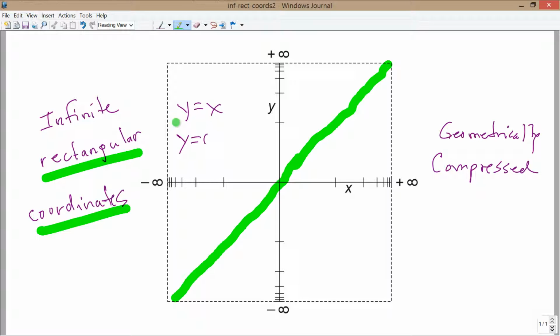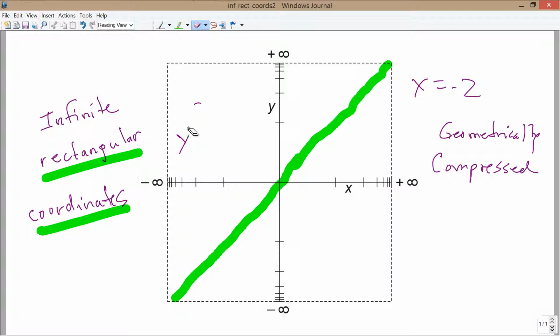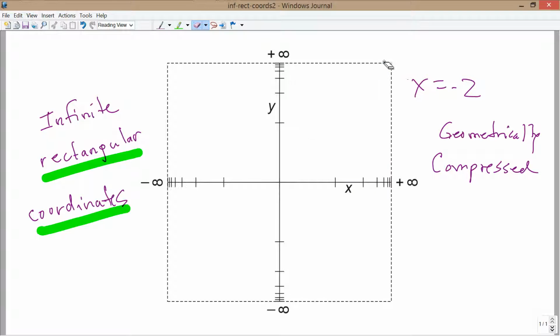In that case, we get this. If we graph, say, x equals -2, there's -2 for x, a vertical line like that. And they're all straight, just as they would be in ordinary Cartesian coordinates. However, that's where the similarity pretty much ends.